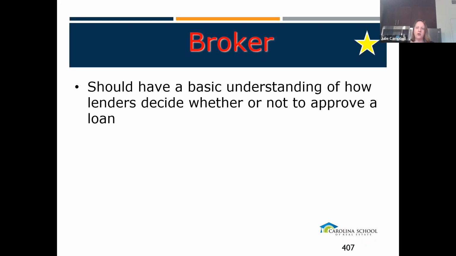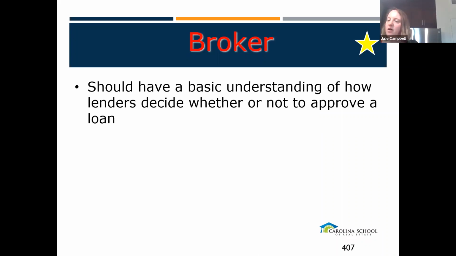I have two favorite emails in this industry that I receive. My second favorite email is from the lender, and that email says, we are clear to close. Once you get that clear to close from the lender, then you know that you've gotten your loan approval and we can get ready for settlement.